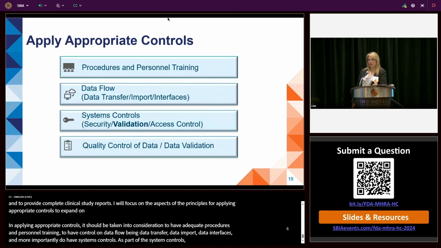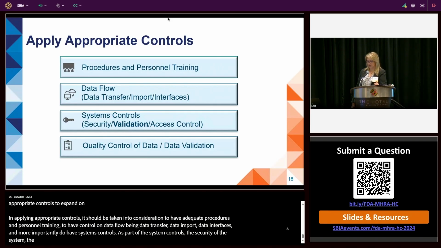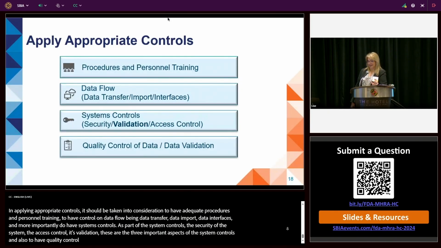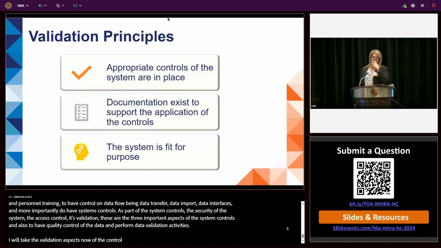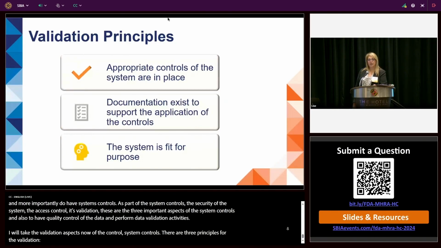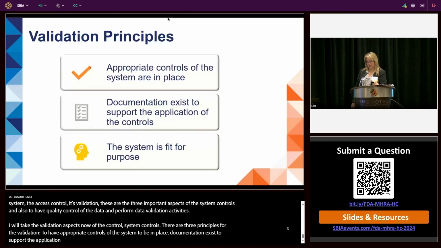These are the 3 important aspects of system controls, and also to have quality control of the data and perform data validation activities. I will take the validation aspect now of the system controls. There are 3 principles for the validation: to have appropriate controls of the systems in place, documentation exists to support the application of those controls, and the system is fit for purpose.